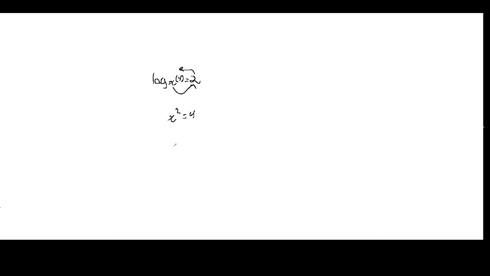So how can we get rid of this squared? Some of you might know that you just square root it. But instead of square root, we're going to write it as to the power of 1 over 2. So we take this to the power of 1/2 on both sides, which is the same as square rooting. So x equals 4 to the power of 1 over 2.